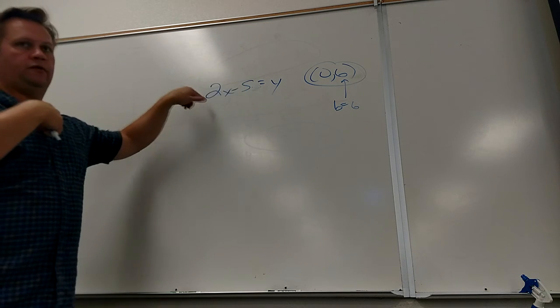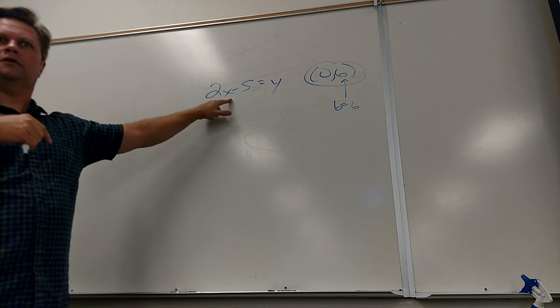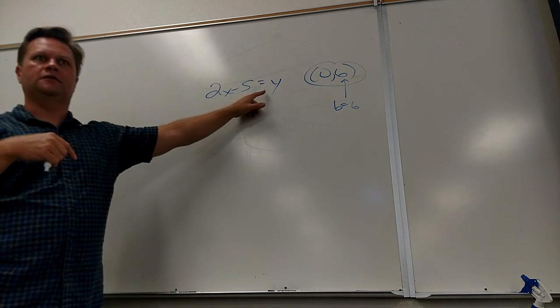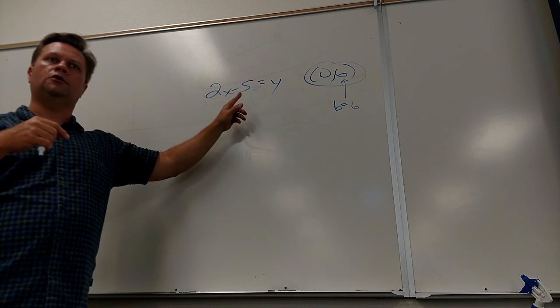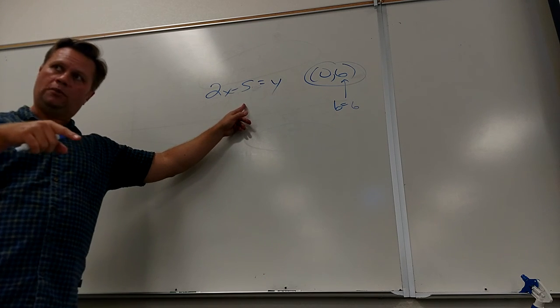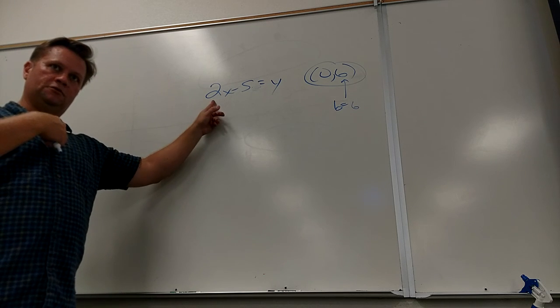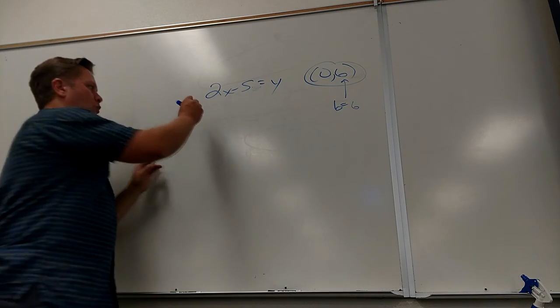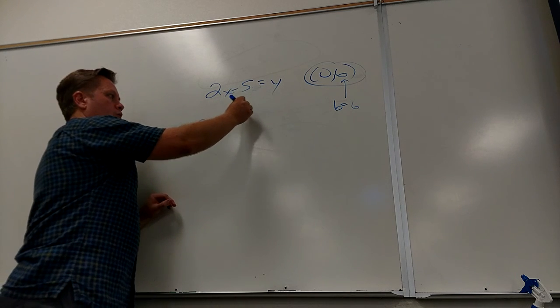Is this one in the right form to see what I need? No. What's wrong with it? Is y by itself? Oh, yeah. What do I need to know about this line? His slope. Mine is perpendicular to this one. His slope is 2, so my slope is going to be negative 1/2.